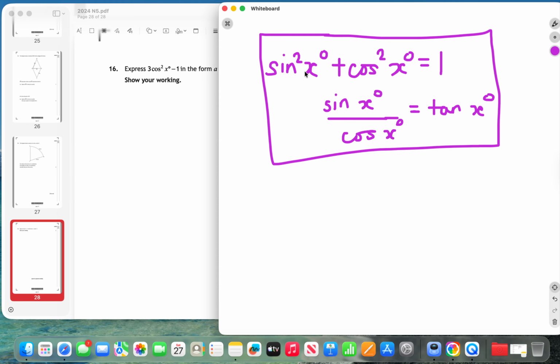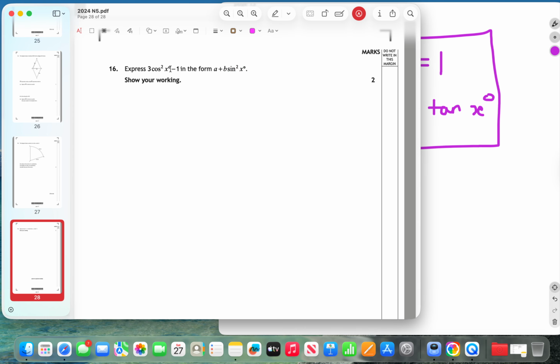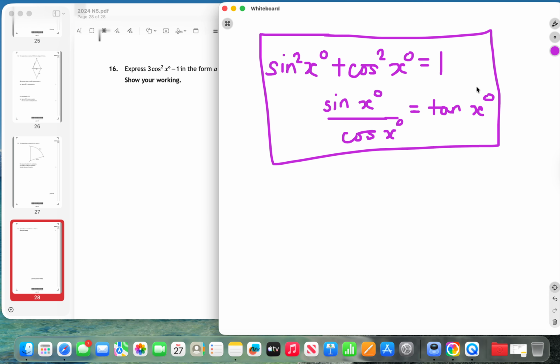I think the first one might be useful. So we have cos squared x but no sine squared x. We want to change it to something with a sine squared x. So we want to rearrange the sine squared x plus cos squared x equals 1.